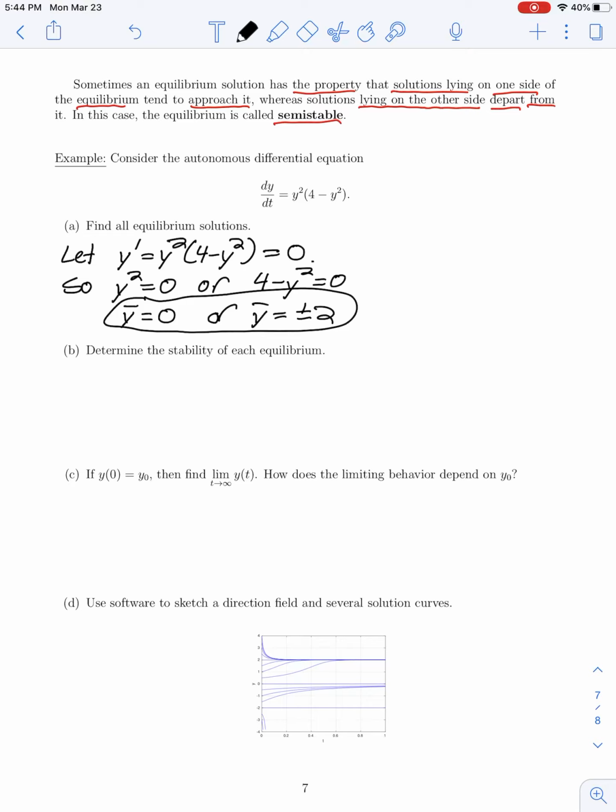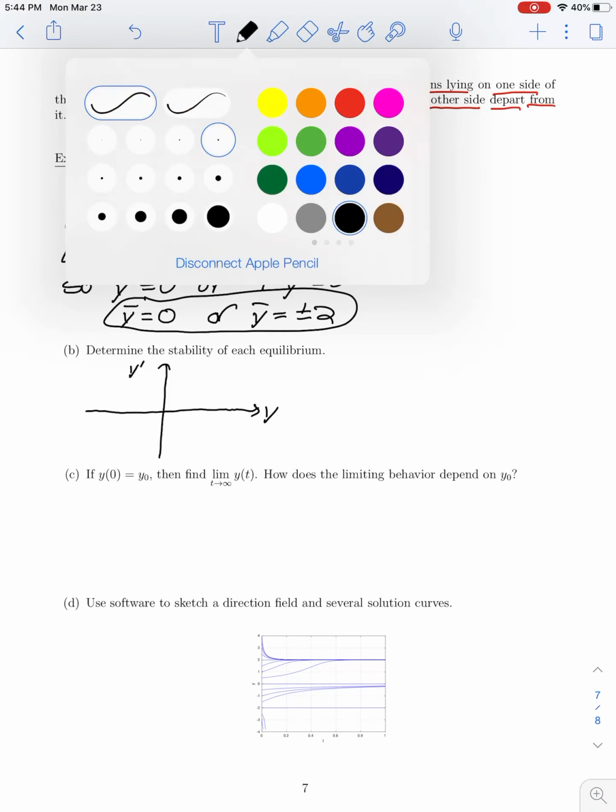Now in part B, we're asked to determine the stability of each equilibrium, and to do that we could again make use of a phase line diagram. So here we will again graph y prime as a function of y.